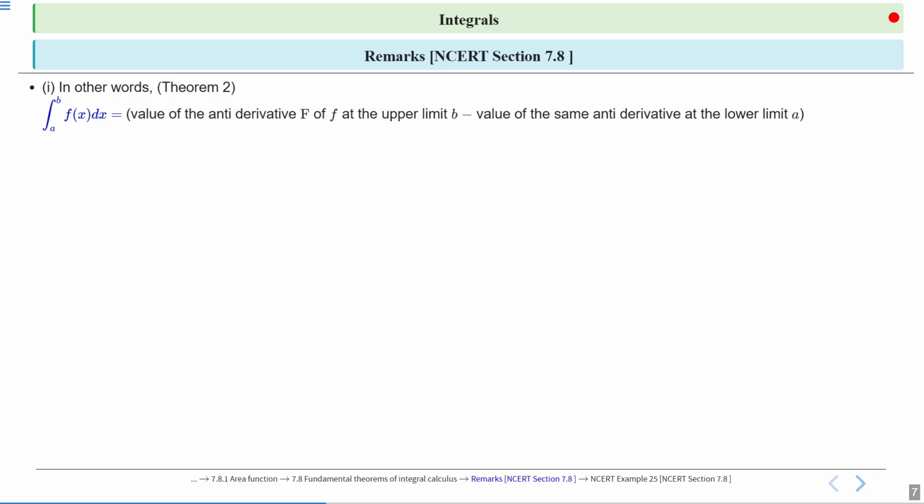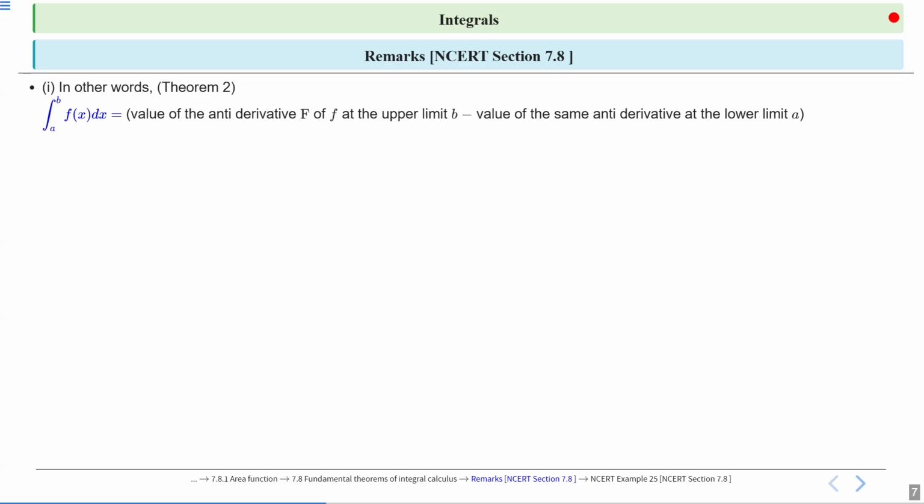So in other words, the second fundamental theorem of calculus says that the integral from a to b of f(x) dx is equal to, that means this is how we can calculate the value of the definite integral from a to b: the value of the antiderivative F of function f at the upper limit b minus the value of the same antiderivative at the lower limit a.